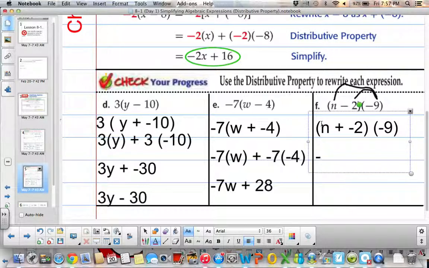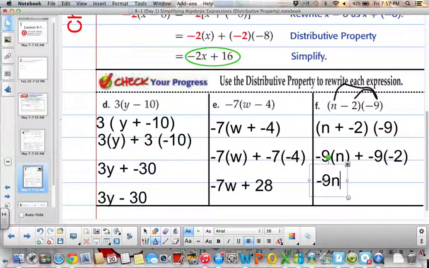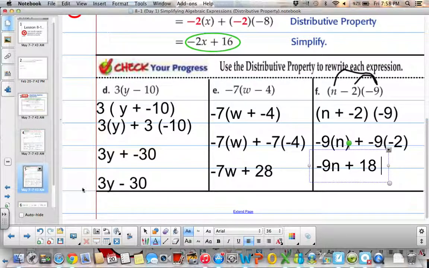So then I would have negative 9 times n plus negative 9 times negative 2. So then we would have negative 9n, and then negative 9 times negative 2 is 18, so plus 18. So we'd have negative 9n plus 18.